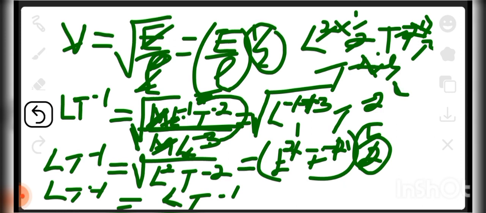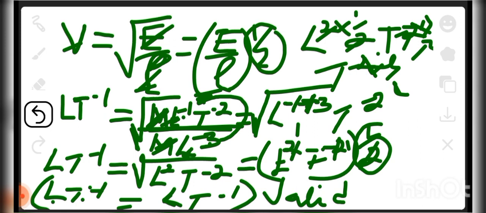Or you just use a calculator: minus 2 times 1/2 is minus 1, and 2 times 1/2 is 1. So let's check this and this. Are they the same? L T raised power minus 1, very correct. This one is also valid. So that's how you do it. You just have to know how to solve the mathematics on the right hand side. That is the major thing there. If you know how to do that, you're already good to go.